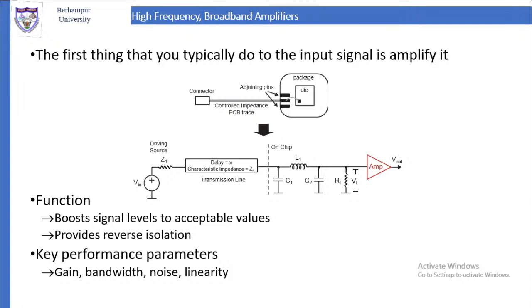In the chip, as we have seen, the bond wire gives you the inductance L1. Then because of the pin, between the pin and the ground, there will be a capacitance. So for the pin on the chip and the pin on the package, there will be two capacitances, one is C1 and another is C2.